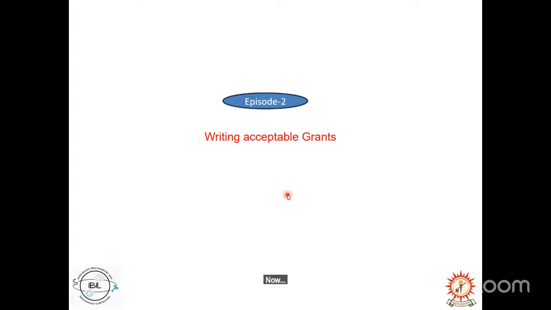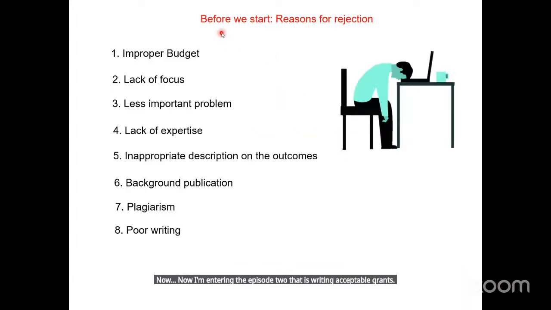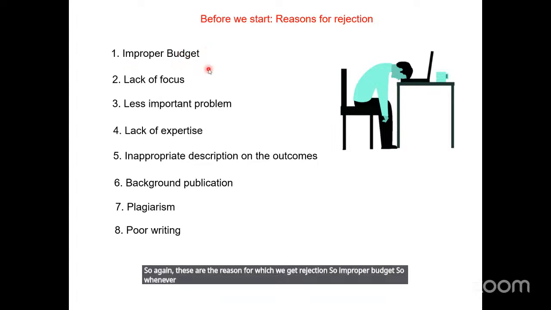Now I'm entering episode 2, that is, writing acceptable grants. Again, these are the reasons for which we get rejection. First, improper budget. Whenever you write a research grant, that means you are asking a government body or a private body for funds, the budget is a very important thing.